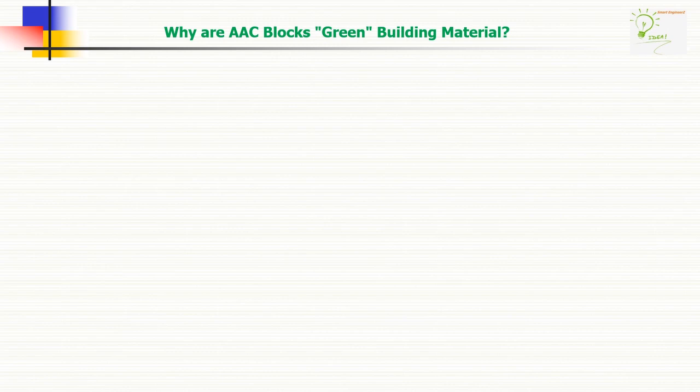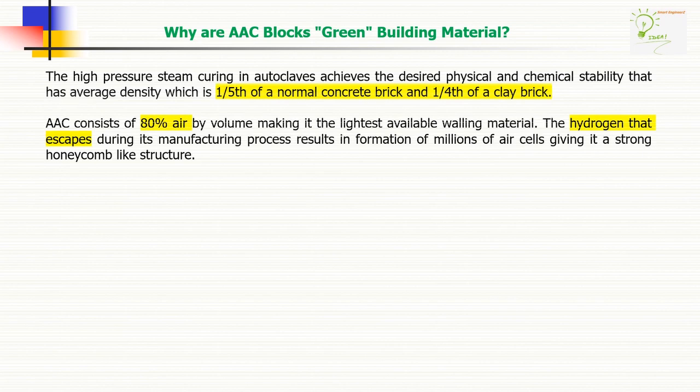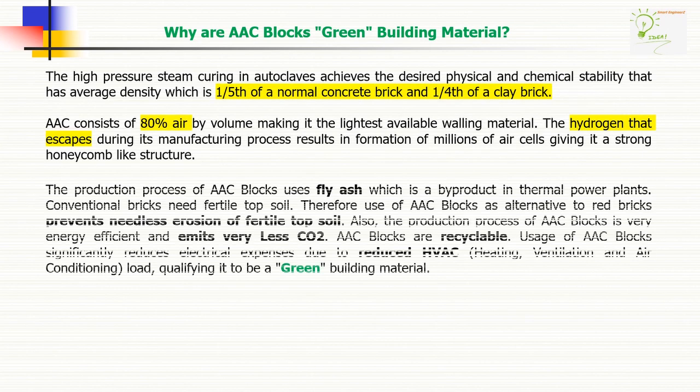Why are AAC blocks green building materials? The production process of AAC blocks use fly ash, which is a byproduct in thermal power plants. Conventional bricks need fertile topsoil.